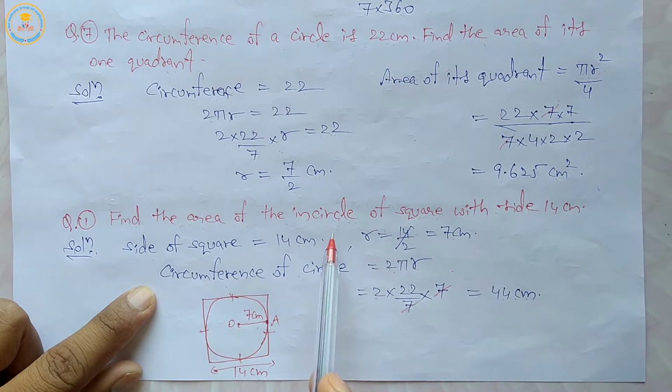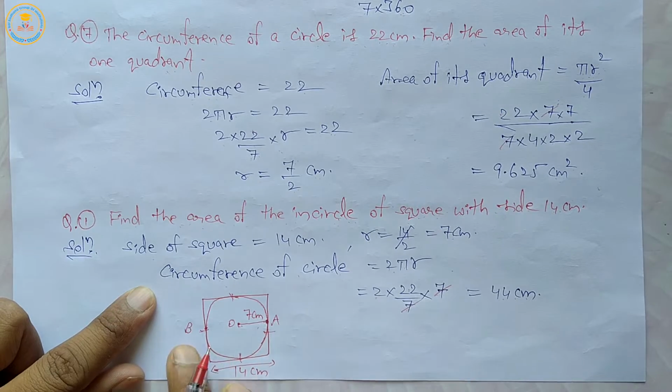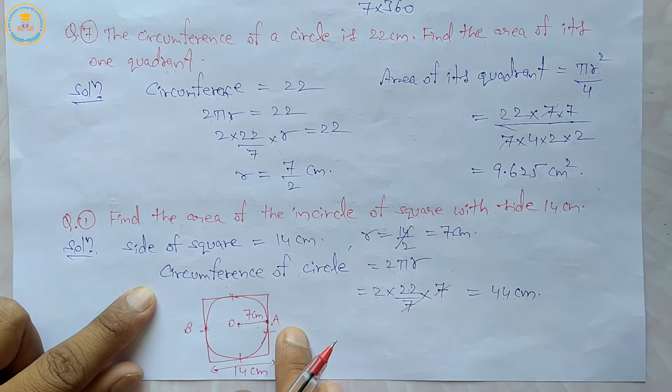Okay, and the circle is inside it. Here let O be the center, a fixed point, and O to a is the radius. According to this circle, A to B is the diameter and radius is half of the diameter.